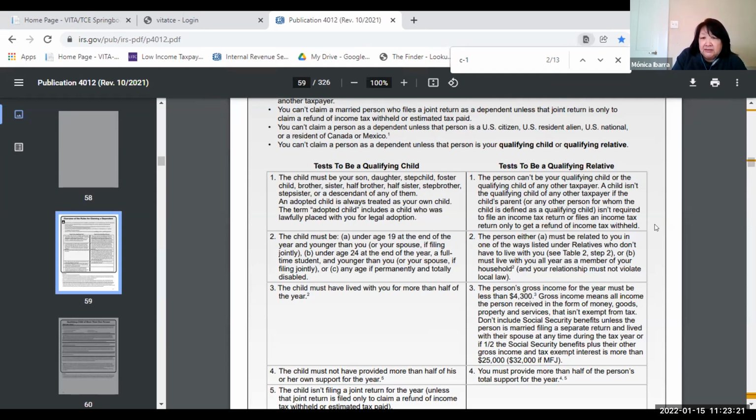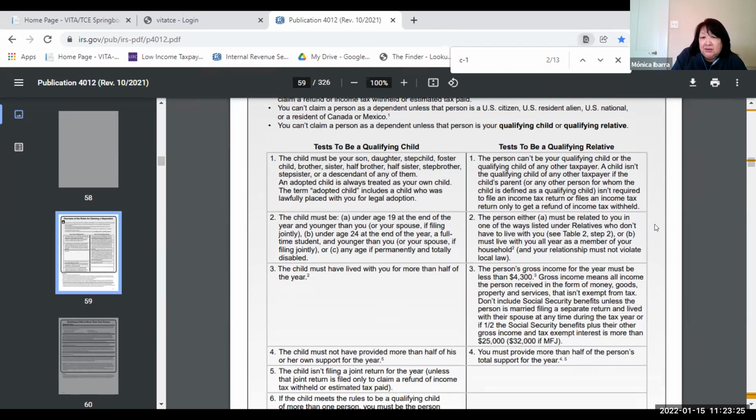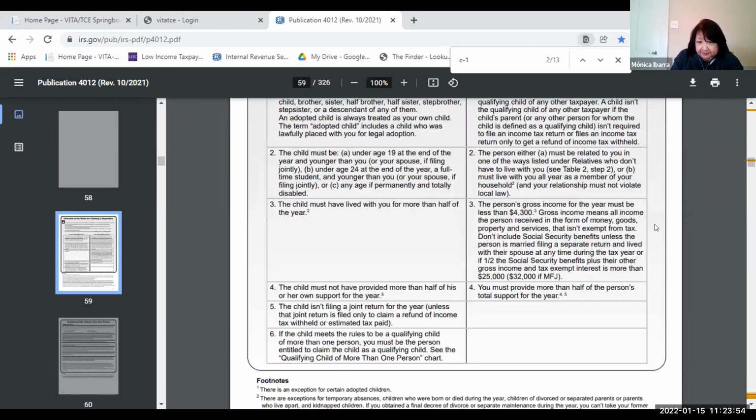So your friend who lived on your couch the whole year, who didn't make more than $4,300, you provided the cost of the household, and you provided more than half of the person's total support for the year, then that person could be a qualifying relative. It's a technical term. So the person does not necessarily have to have been related to you in that case.